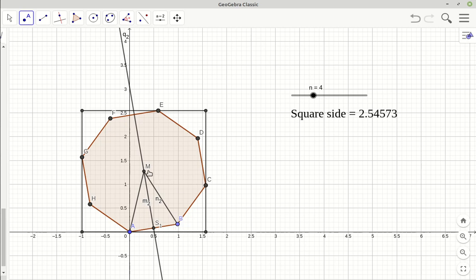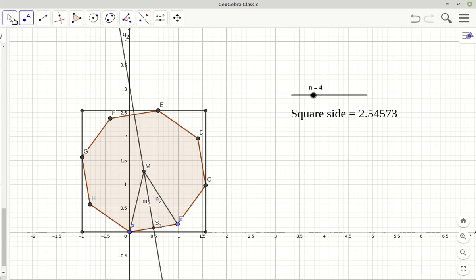So we are looking at the right triangle MBS1. We know that BS1 is equal to 1/2. And we are interested in the height of this triangle. So we have two sides sharing this right angle. So it's down to elementary geometry.